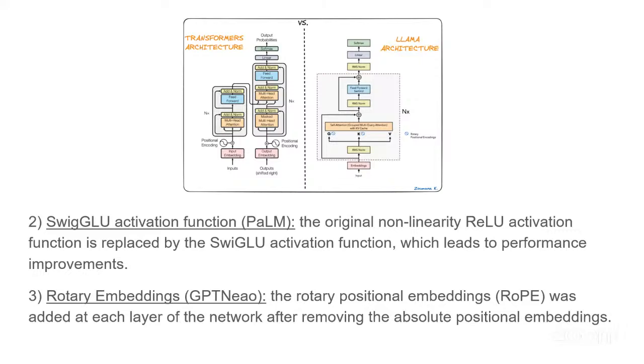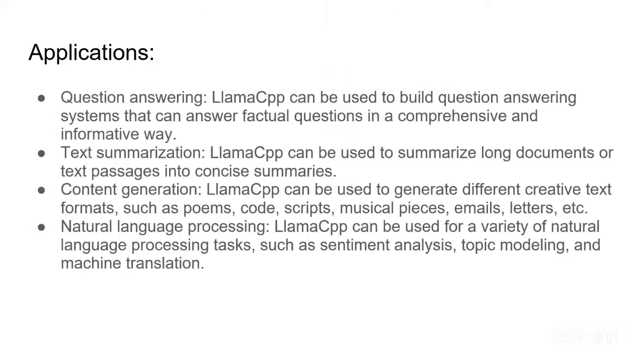These are the applications of the Llama CPP framework. It can be useful for question answering tasks. Llama CPP can be used to build question answering systems that can answer factual questions in a comprehensive and informative way. Then there is text summarization.